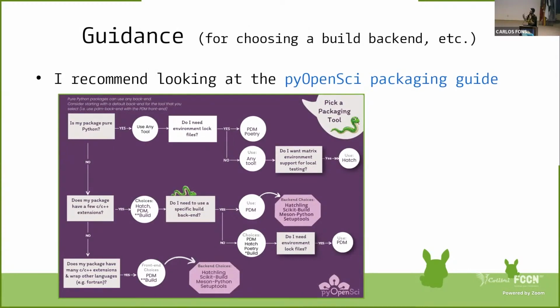I think if you want some guidance, because it's a very complex thing, the best resource that I've found so far is the PyOpenSci packaging guide. Leo Weber, who works on PyOpenSci, made this really nice diagram that shows when you might want to use each build backend, and it makes it very easy to get started into packaging without having to think too much.